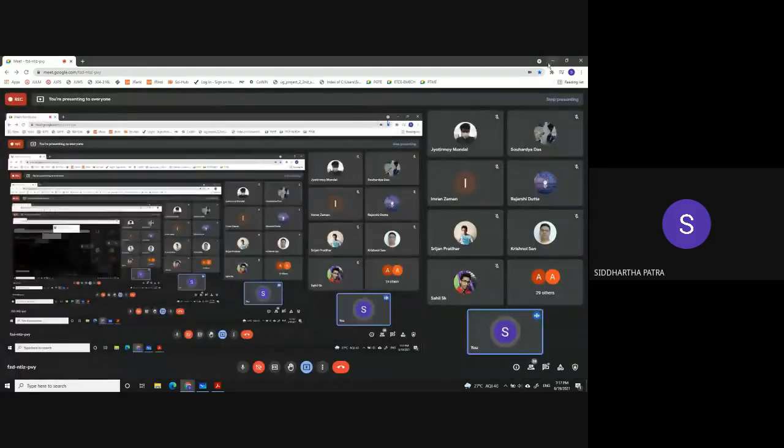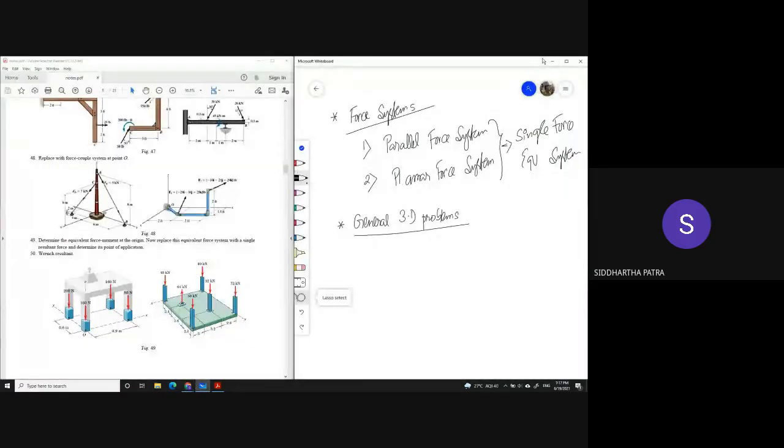So far in this chapter, which is essentially chapter 2 of your textbook, we are learning about reducing a force system involving a number of forces and moments to their simplest forms. Okay, and that's what we have been trying.